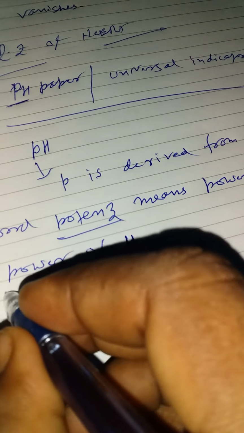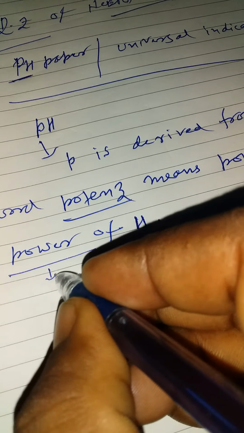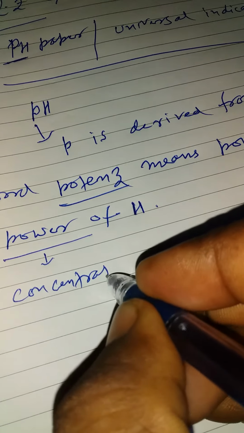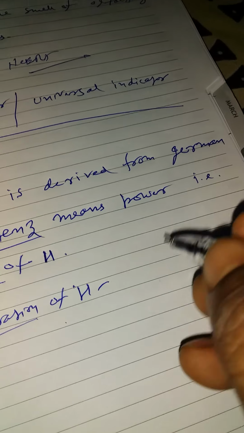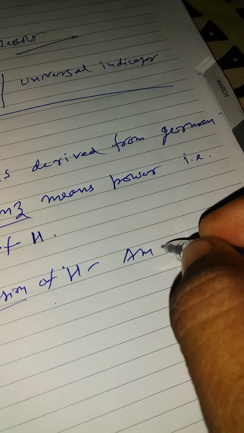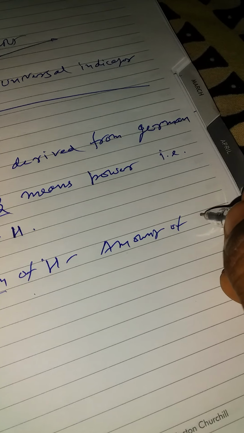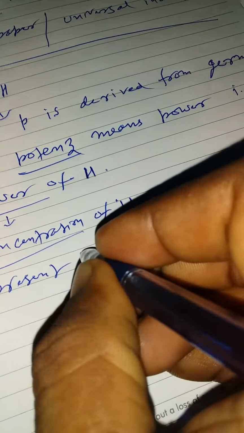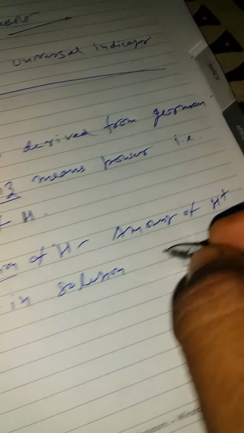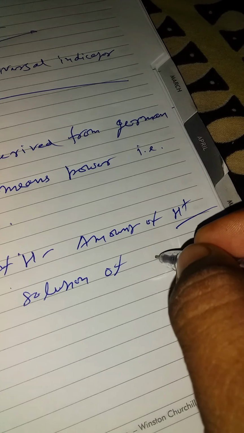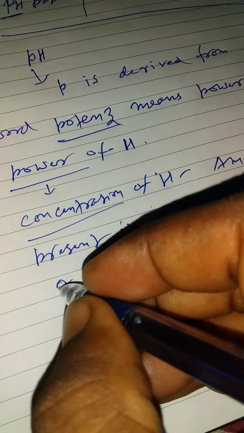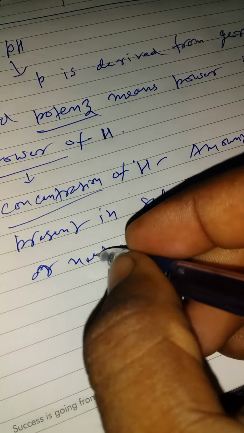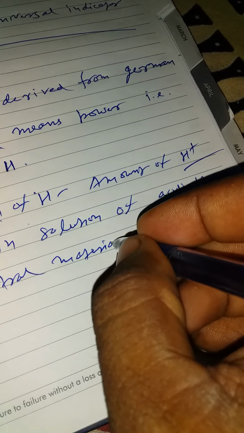And in chemistry, power means concentration of H, and concentration of H means the amount of H plus ion present in a solution of acidic, basic or neutral materials.